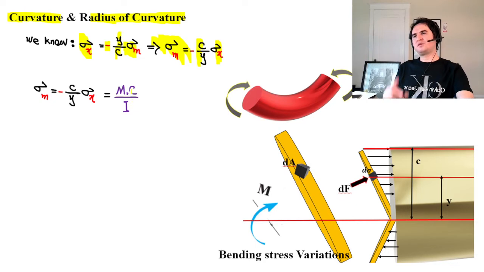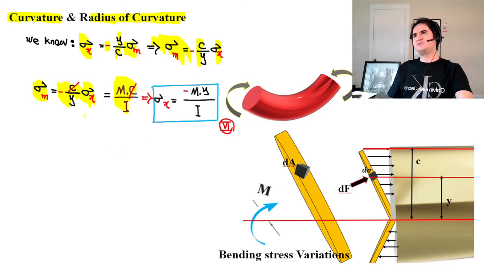At the same time, from the previous part, we get the equation for bending that sigma max is equal to Mc over I. So sigma max is both minus c over y times sigma x and also Mc over I. So if you cancel out c from both equations and rewrite it based on sigma x, it gives you sigma x is minus My over the moment of inertia, and let's call that our sixth equation.